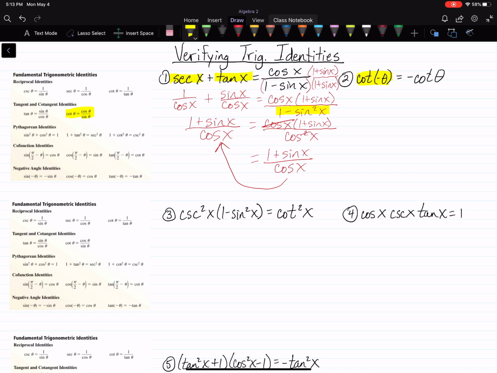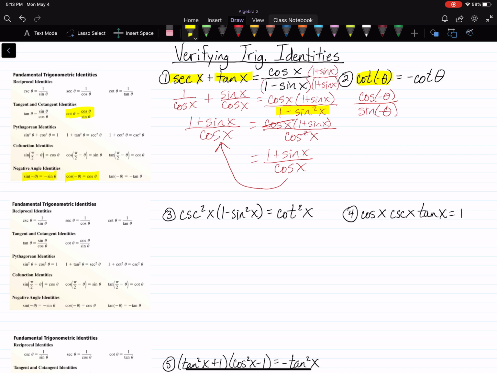I'm going to say, hey, if cotangent of theta is cosine over sine theta, then cotangent of negative theta would be cosine of negative theta over sine of negative theta. Okay, the negatives just stay. And now we can use our negative identities here.